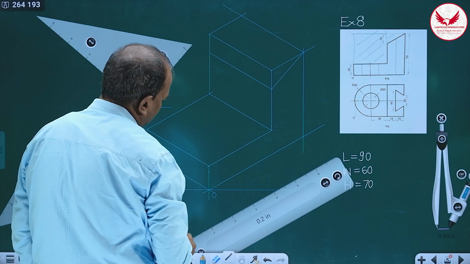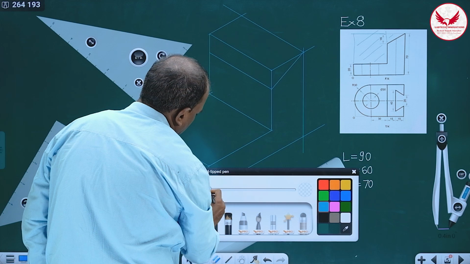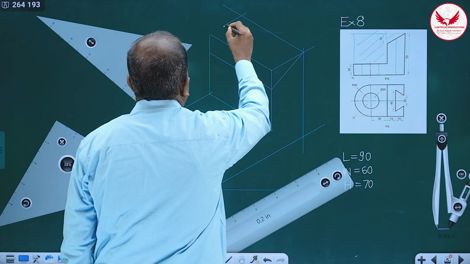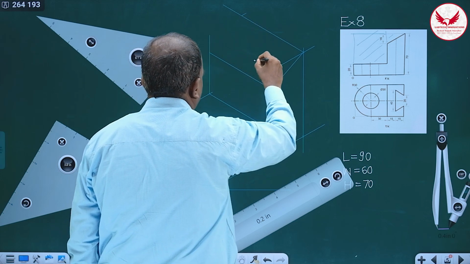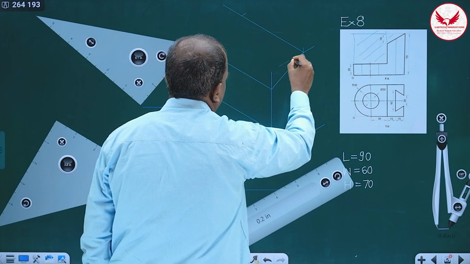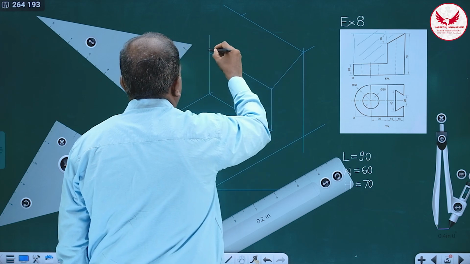For the triangular cut also we are going to remove some lines: this line will be removed, this will be removed, this will be removed, means it is not existing at all at that place, and this will be removed.